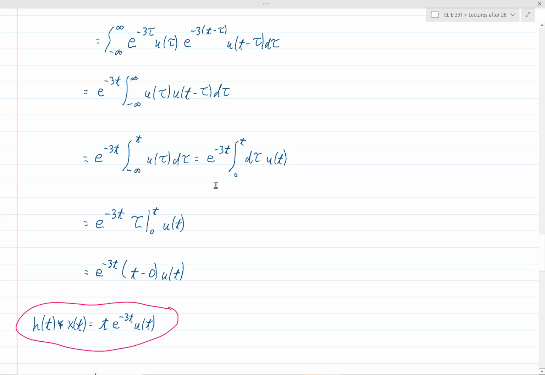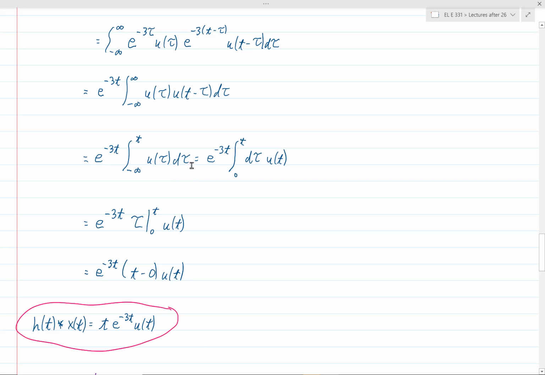So this means then that the integral is the integral 0 to t, and in that range, when tau is between 0 and t, this function right here is just equal to 1, so that's why it's disappeared. And the u of t out here serves the purpose of making sure that we know that this expression right here is correct only when t is greater than 0. If t is less than 0, then we just multiply by 0 here and 0 out everything.